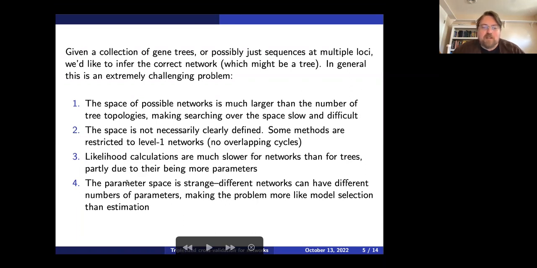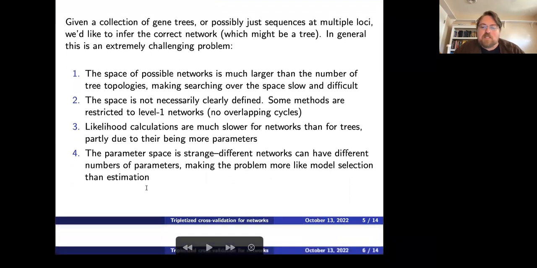Although, I remember seeing papers in the 90s that argued that just regular phylogenetic inference should be thought of as model selection as opposed to an estimation problem. But to me that seems even more natural to think about it that way for networks as opposed to trees.